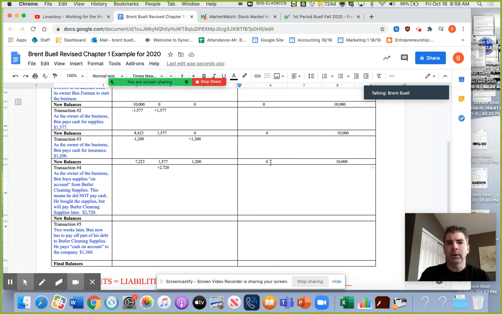And to this point, it's been zero. But now after this transaction, he now owes them $2,720 more than he did. So the hard part is you want to think negative. You're thinking negative because, oh, he owes them money. It must be minus. What this row keeps track of is how much money does he owe the company? And it was zero, but now he owes $2,720 more.